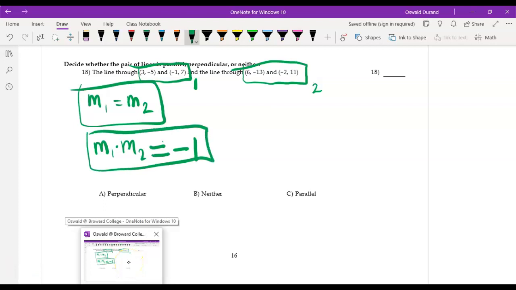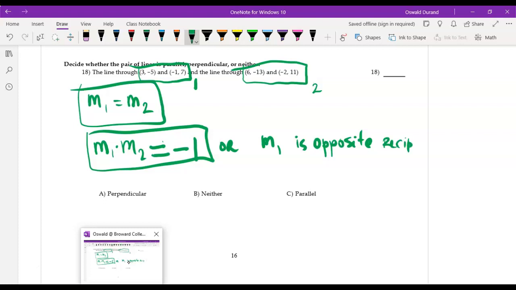Okay? If you don't like calculation, you can say m1 is the opposite reciprocal of m2. And you're like, what does that mean?